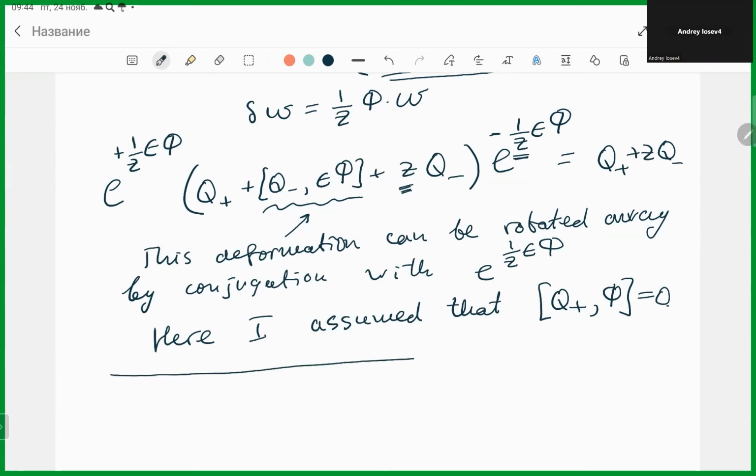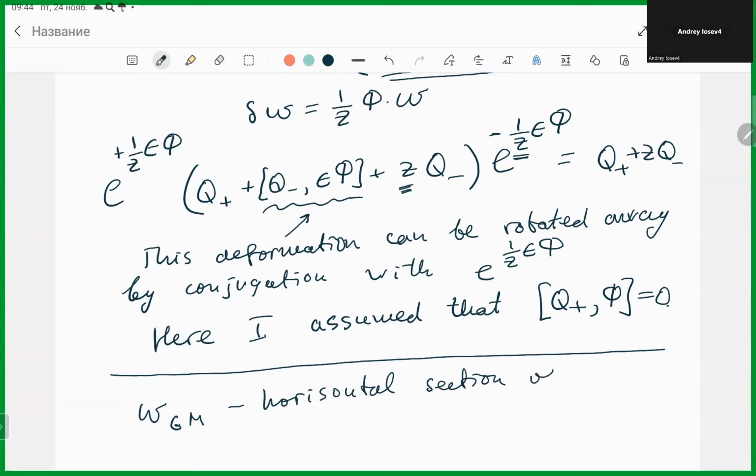So in this way, we have omega Gauss-Manin. So it's the horizontal section of the Gauss-Manin connection.